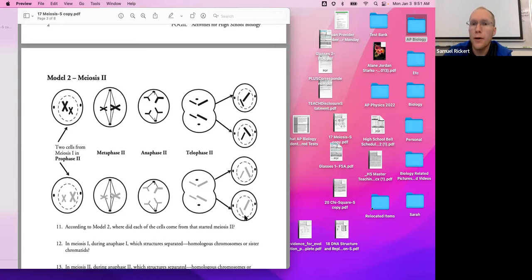And so we end up with millions and millions of possible egg and sperm cells because of crossing over and independent assortment. That's what I would call a level 3 understanding of meiosis.